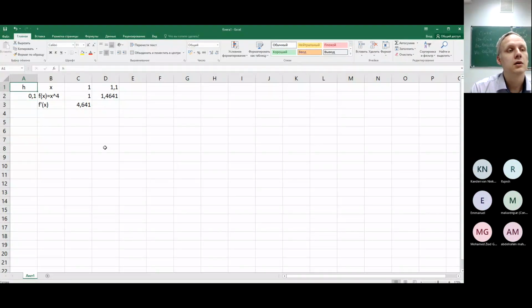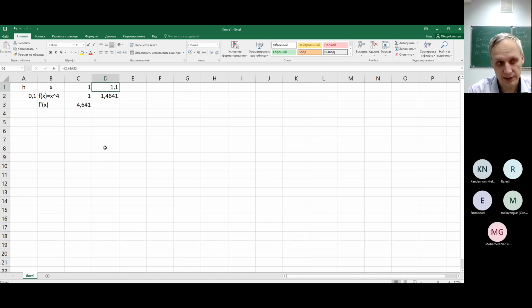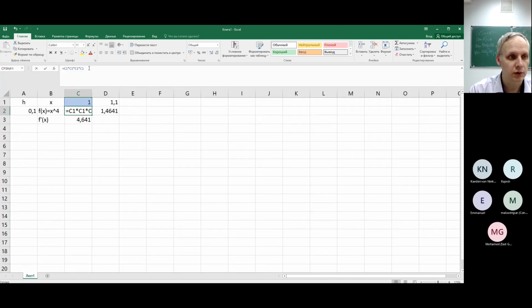Well, what is x in our case? Or h? h is 0.1. What is x? We have 2 points, 1 and 1.1. 1 and x plus h. Yeah. Here, you can look to this formula.